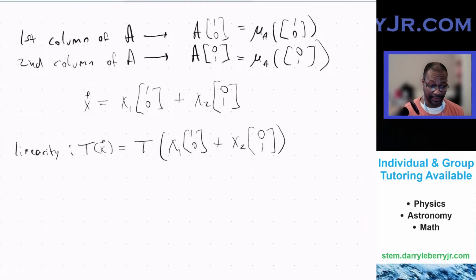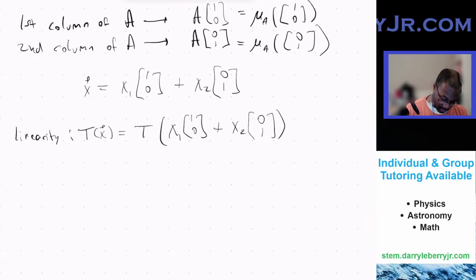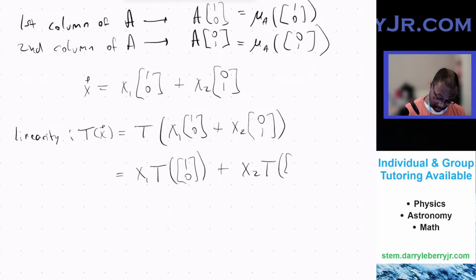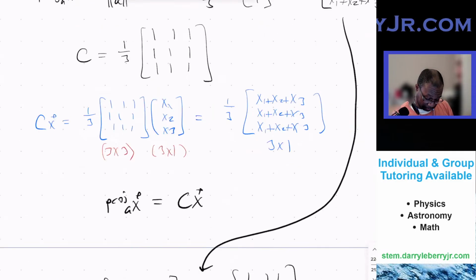We're just plugging that in. So that equals x1 T(1,0) plus x2 T(0,1). And this is some property of matrices that I can't recall at the moment.